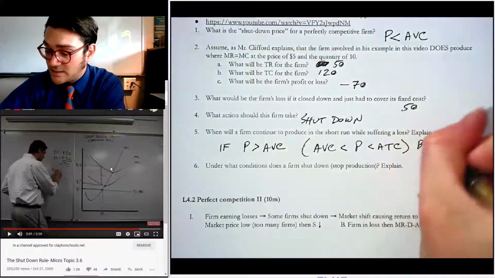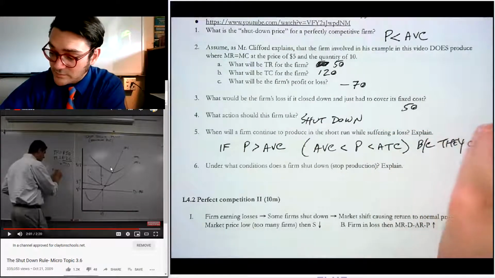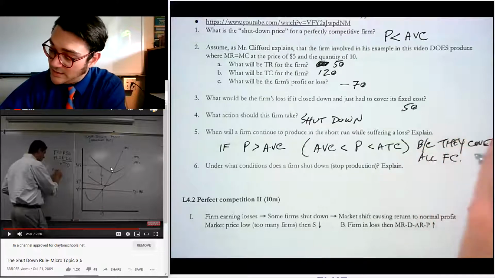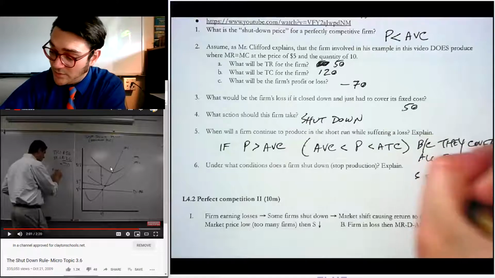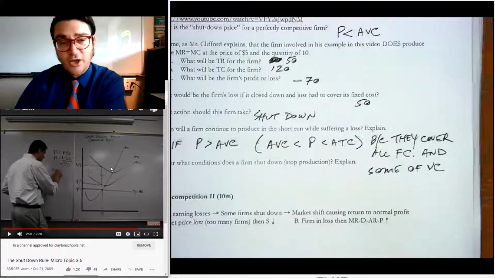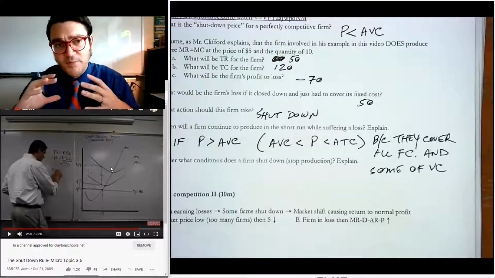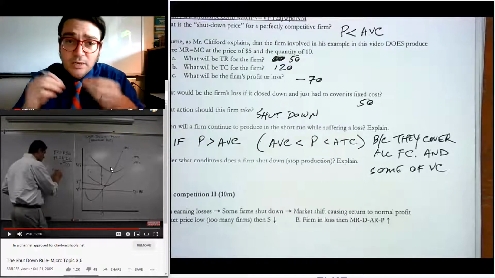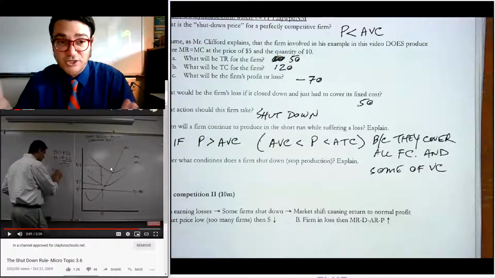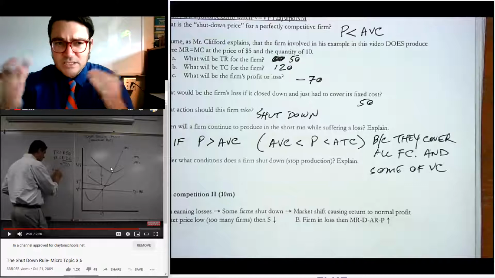That's because they cover all their fixed cost and some of their variable cost. So they can cover all that box of the fixed cost by operating and maybe a little bit of the variable cost, but not all of it. They're still losing money, but they're losing less than they would be if they shut down. So this is that kind of decision that they have to make.